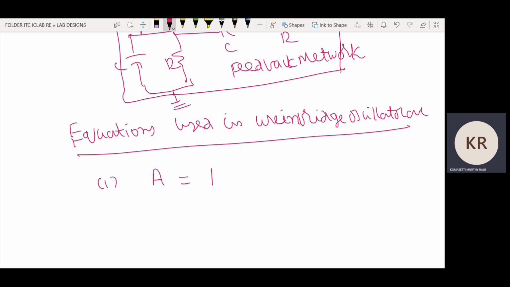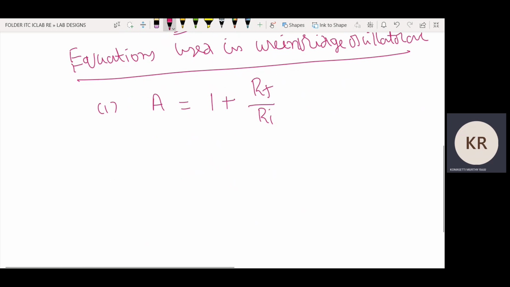A is the gain of the amplifier, that is 1 plus RF by RI. Generally in Wien bridge oscillator's case, for sustained oscillations, gain is equal to 3.